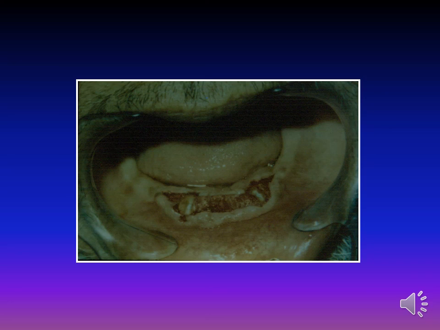And this is the tooth or submerged root after finishing the method, or after finishing the replantation.